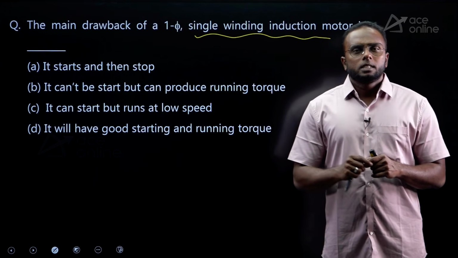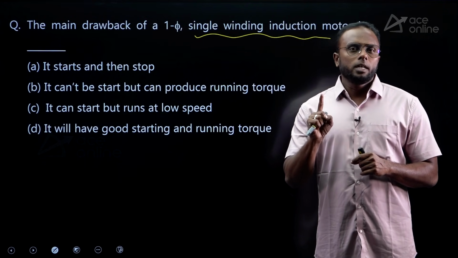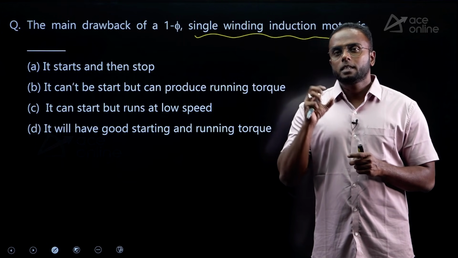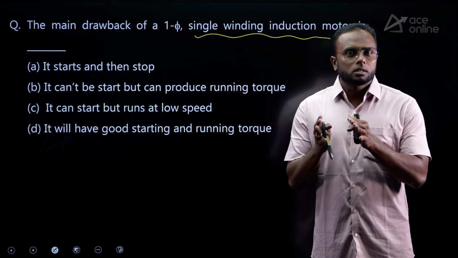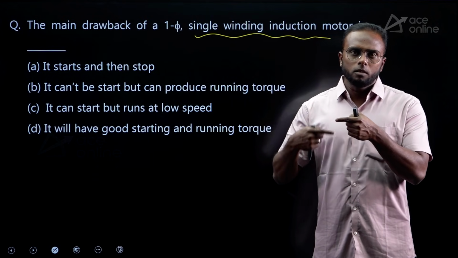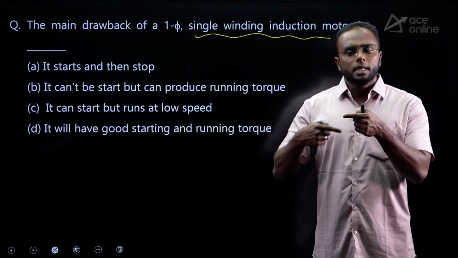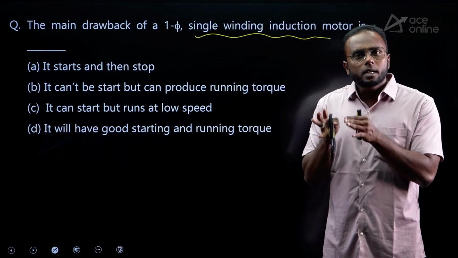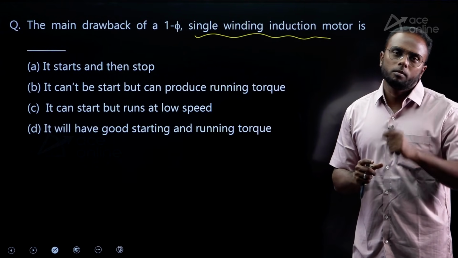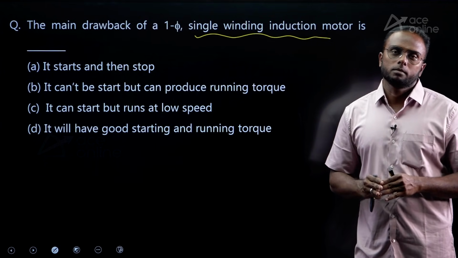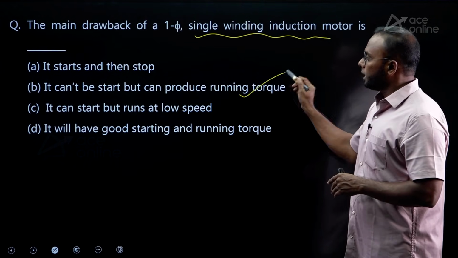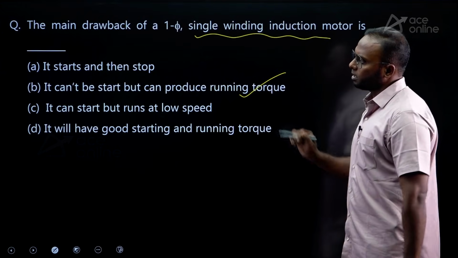Even with one winding, the induction motor can rotate, but it cannot self start. If you give some external force to rotate at the time of starting, then it will pick up the speed. So under running condition it is able to develop torque, but at zero speed it cannot develop any torque. Starting torque is zero here. So the problem is it cannot start, but can produce running torque. This is the correct option.